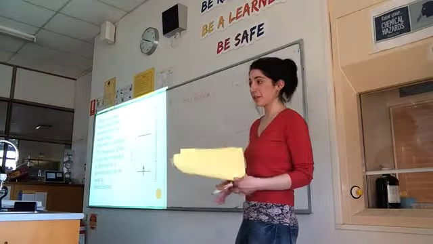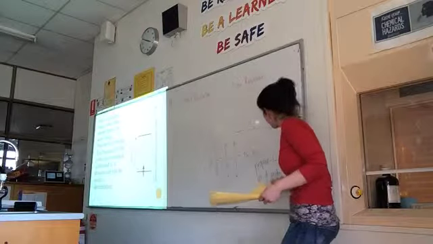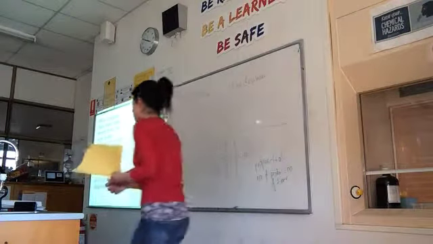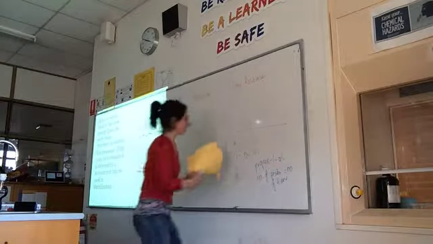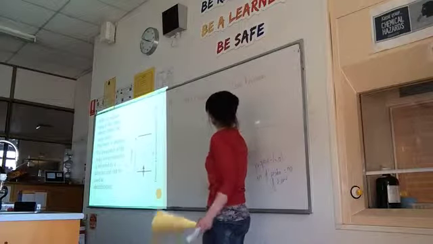Number of hydrogen environments. We're looking at hydrogen NMR. So number of H environments. Now, how many H environments does this one have? 4. So we have 1 here, 2, 3, 4.